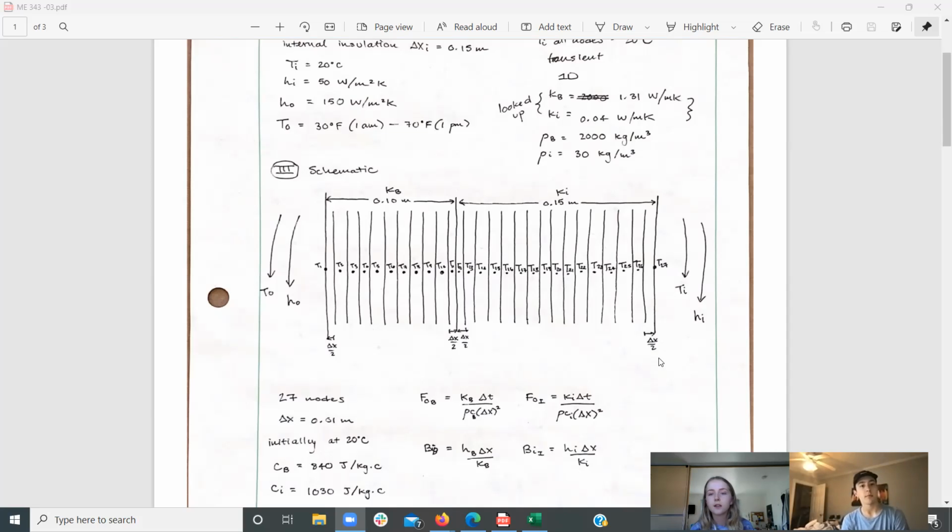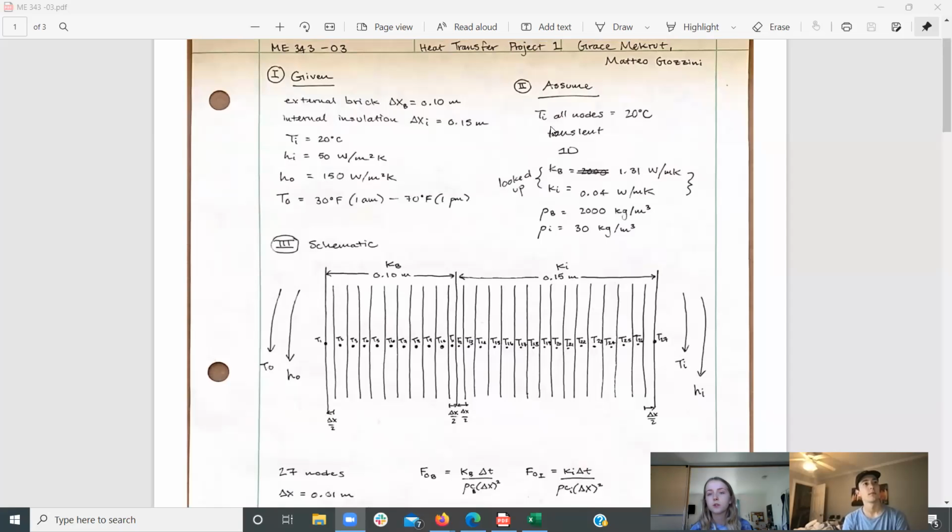This created 4 half nodes, 1 on each end and 2 in the middle, which we'll talk about later. The outside is subjected to convection with a varying temperature of 30 degrees Fahrenheit to 70 degrees Fahrenheit over the course of 12 hours, which is also equal to about -1 degrees Celsius to 21 degrees Celsius over the same 12 hours.